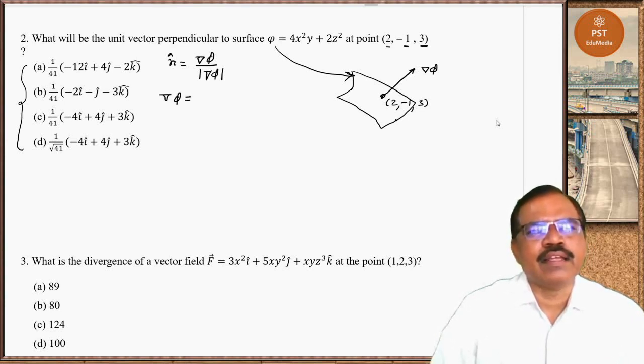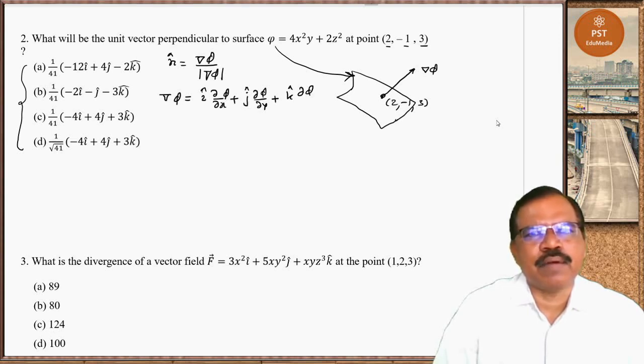Del phi is i del phi by del x plus j del phi by del y plus k del phi by del z.